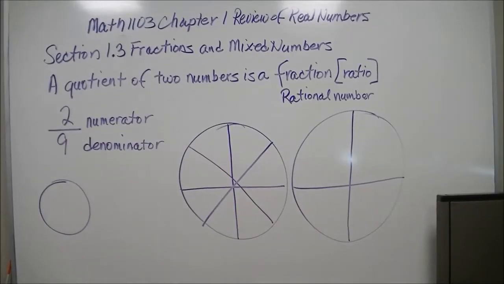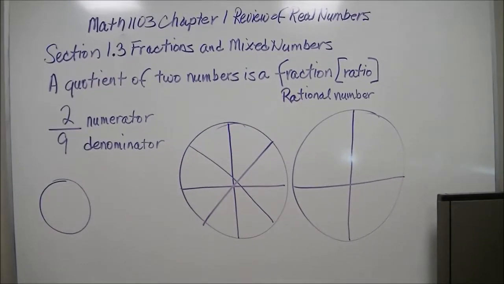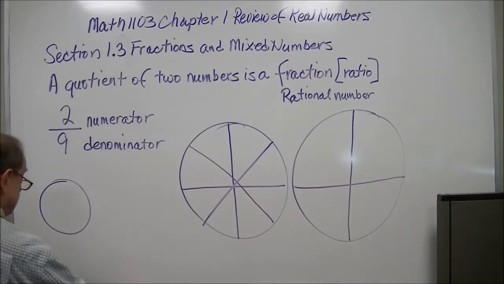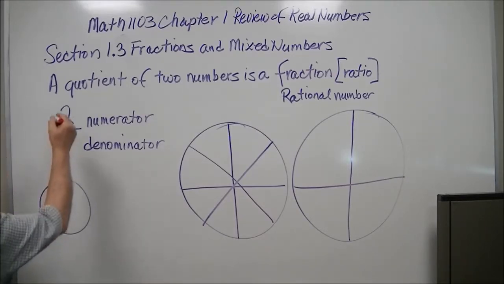All right, we're going on now to topic 3 of chapter 1, which is fractions and mixed numbers. Now, one of the words you're going to run into every once in a while is this word quotient.